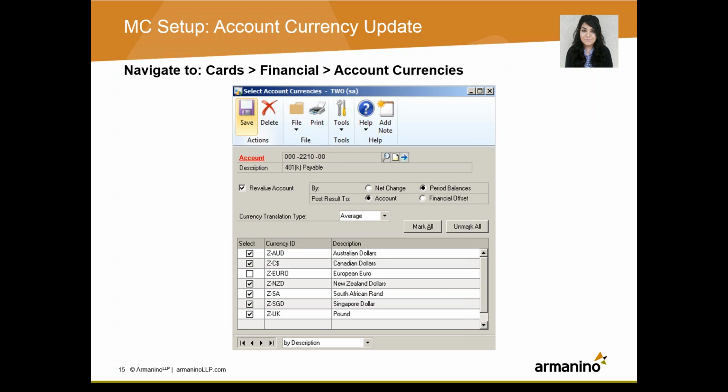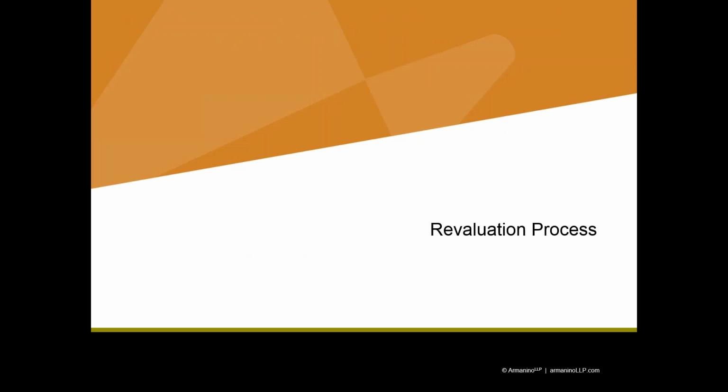Then you would select the button for period balances or net change, account, or financial offset. For the currency translation type, if you're going to be using average, buy or sell, you would select that, and then select the currencies that you want associated to the account. Again, this is only a single account. There's a mass update window, which I'll show you in the next couple of slides.